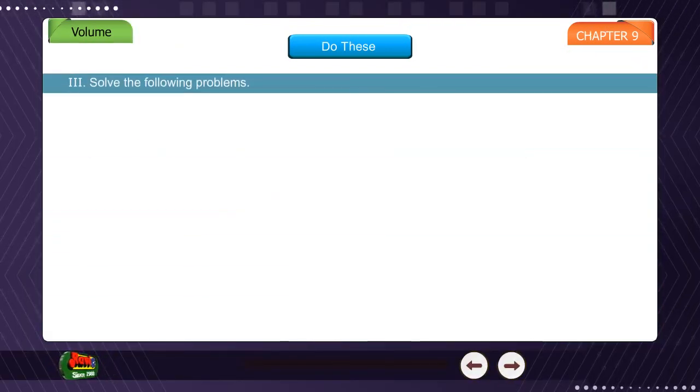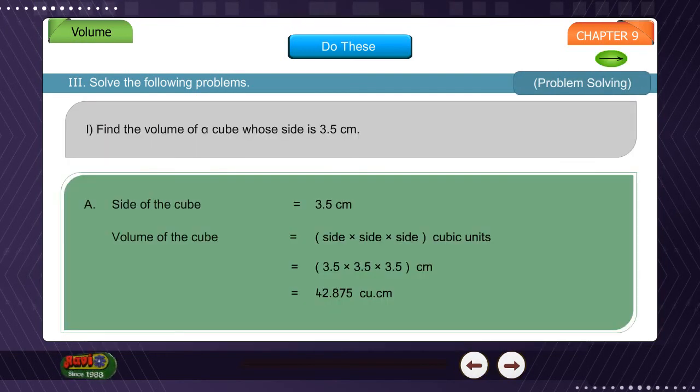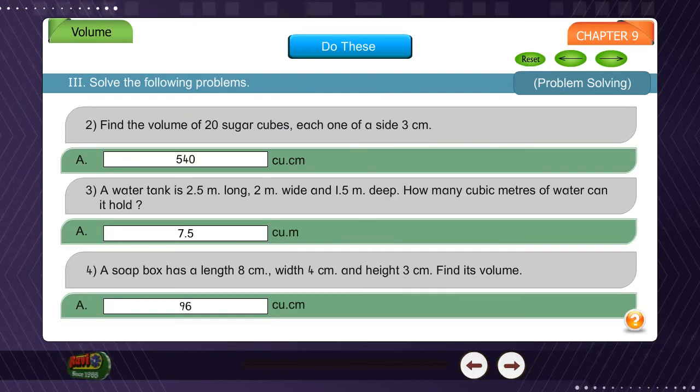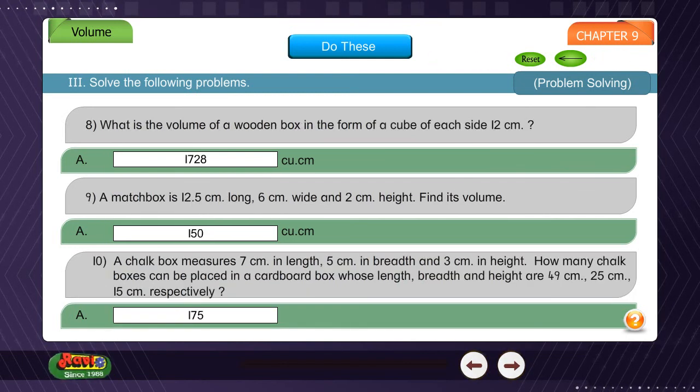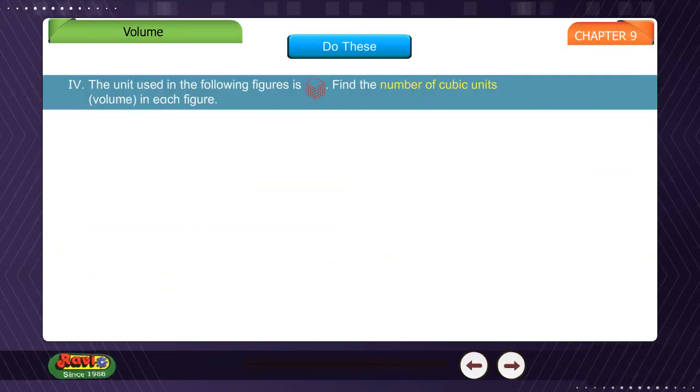Solve the following problems. Four. The unit used in the following figures is a cube. Find the number of cubic units of volume in each figure.